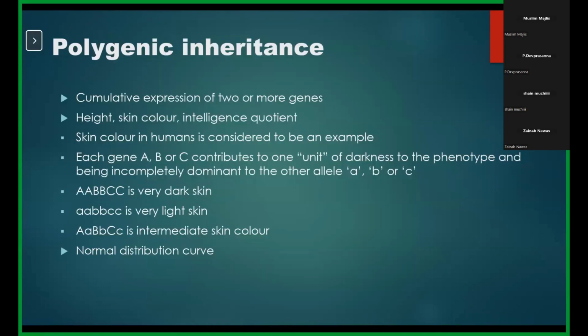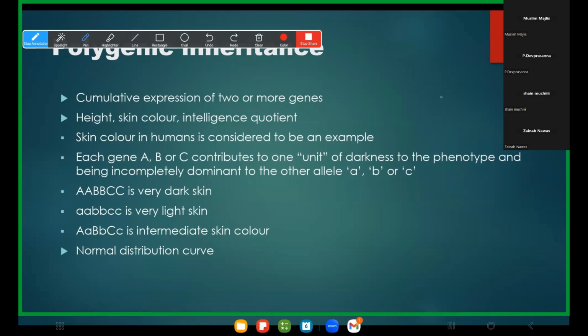So the next type of non-Mendelian inheritance is polygenic inheritance. Polygenic inheritance is where we have cumulative expression of two or more genes. Here there are multiple alleles which determine the phenotype, and if one is present, it would be considered one unit.